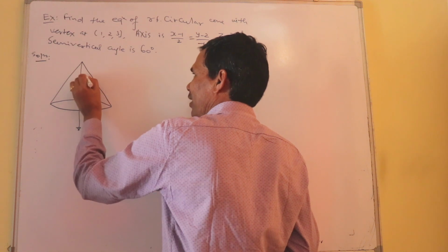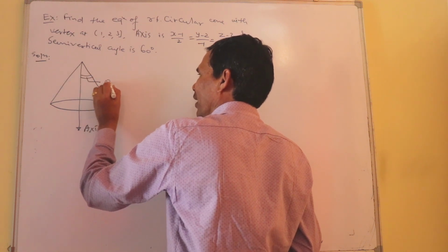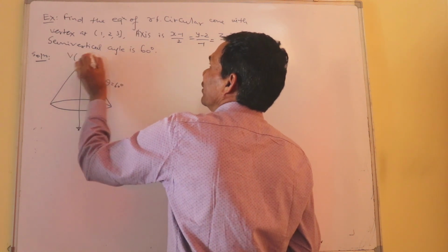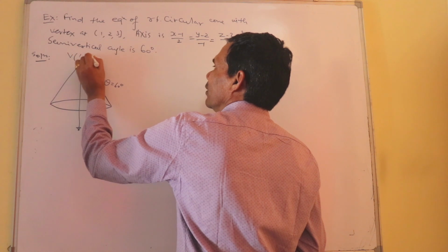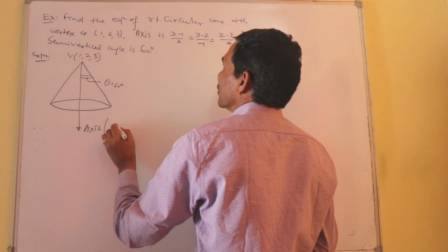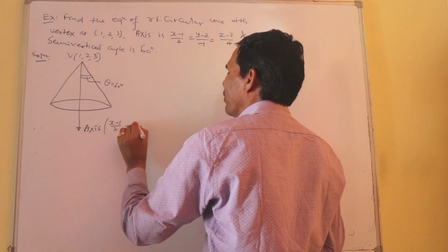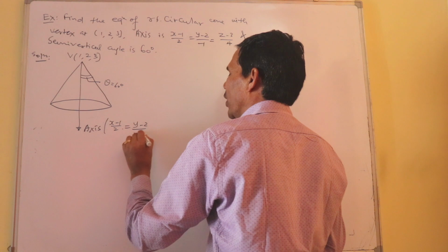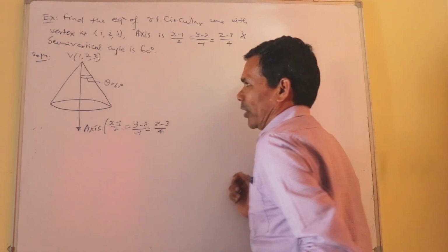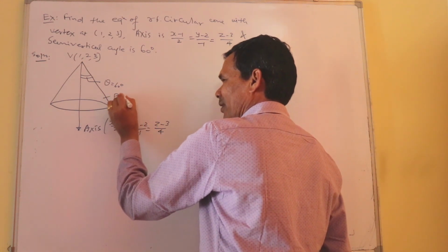This is the semi-vertical angle theta, given as 60 degrees. The vertex is (1, 2, 3), and the equation of the axis is (x minus 1)/2, (y minus 2)/minus 1, and (z minus 3)/4. So this is the requisite figure.